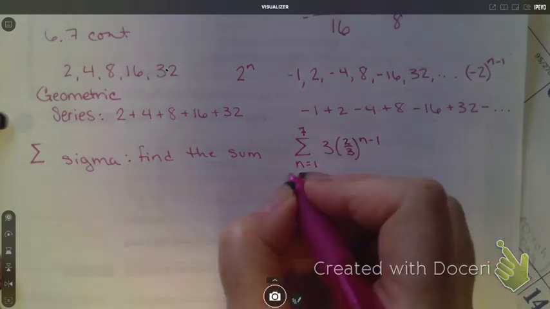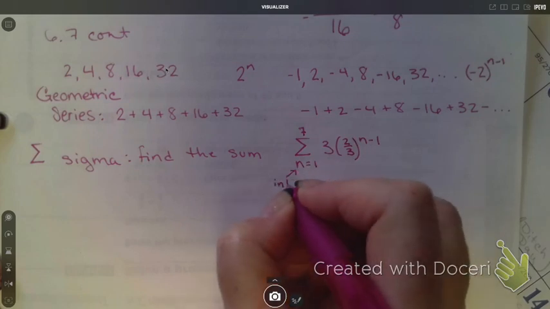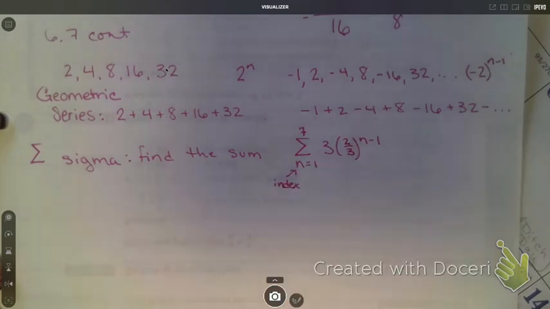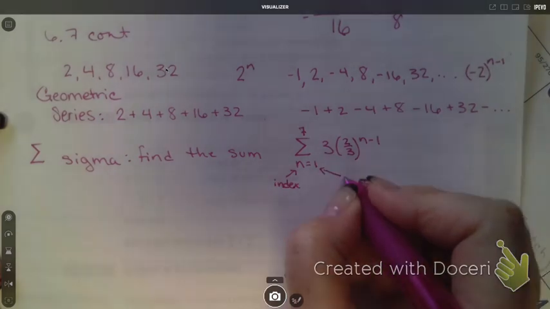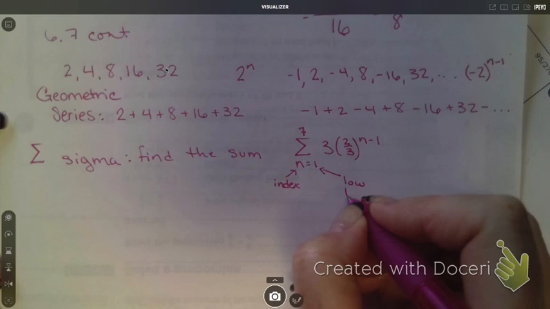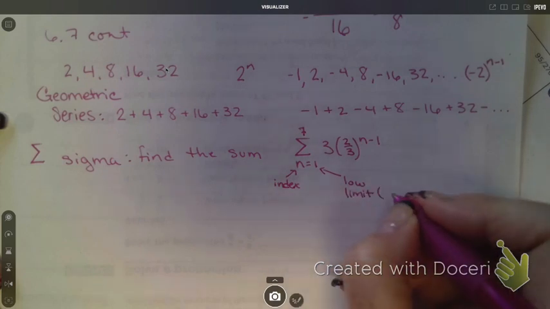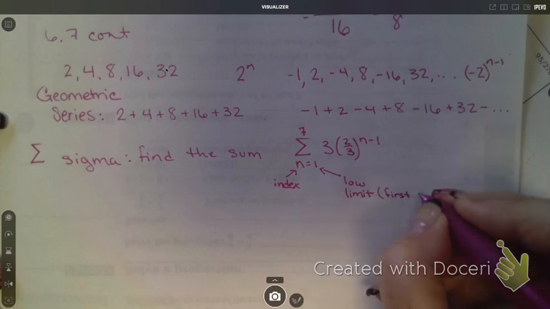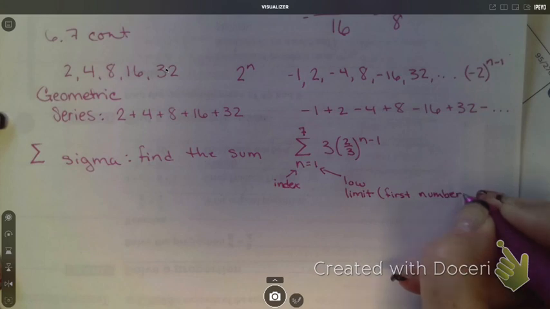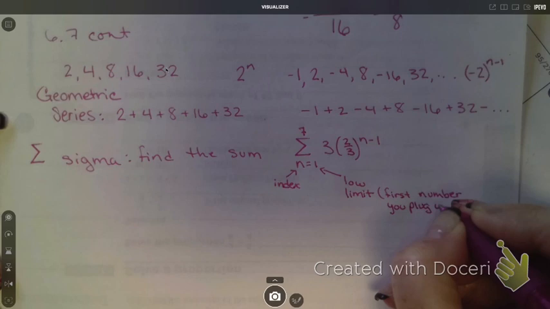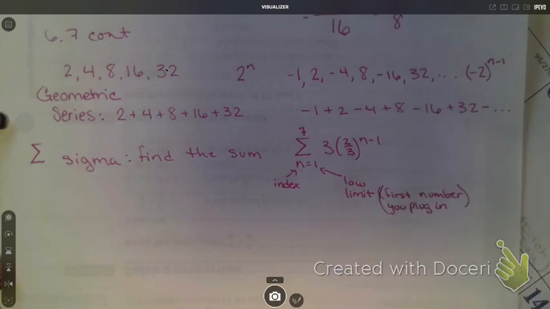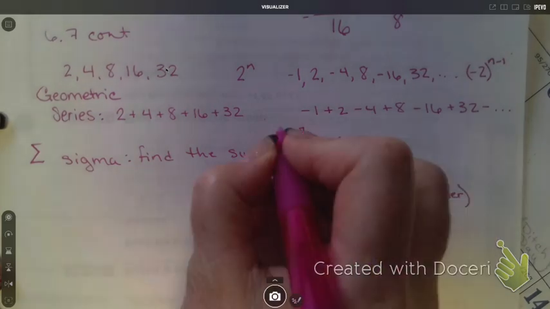So n is called the index. This book uses n. Most books use i for that. 1 is called the lower limit. It's the first number you plug in. And guess what 7 is?